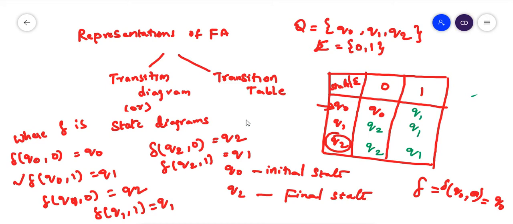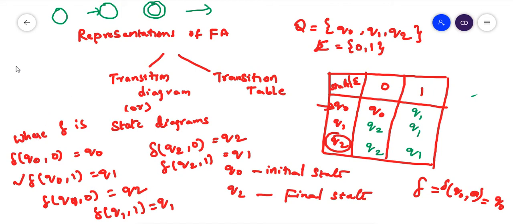Now, using this finite state machine, I am trying to draw my transition diagram. As I already said, in the transition diagram representation, nodes are represented with circles, the initial state is represented with a circle with an arrow, and the final state is represented with a double circle. We have an arrow from one state to another state depending on your transition function.